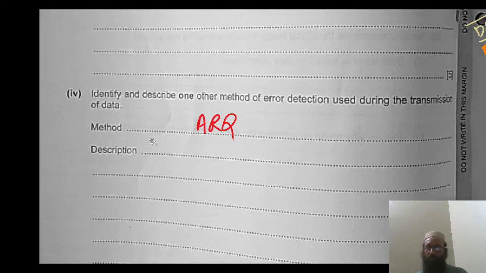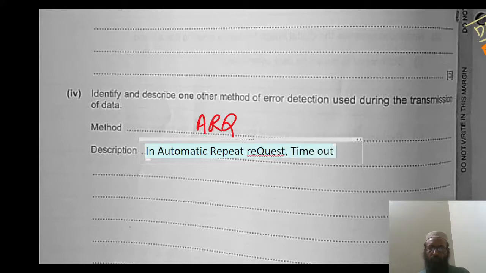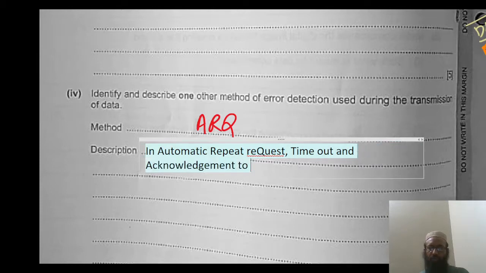So what we do in ARQ: in automatic repeat request, timeout and acknowledgement are used to detect errors.